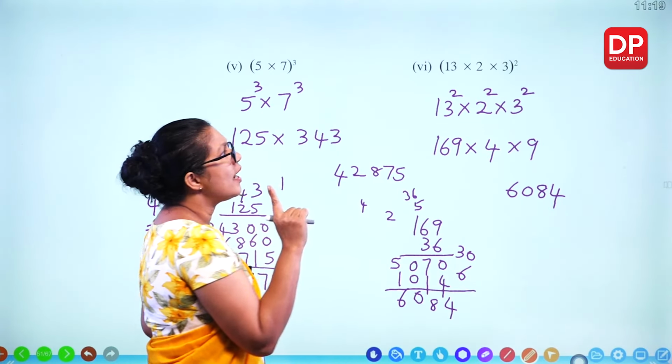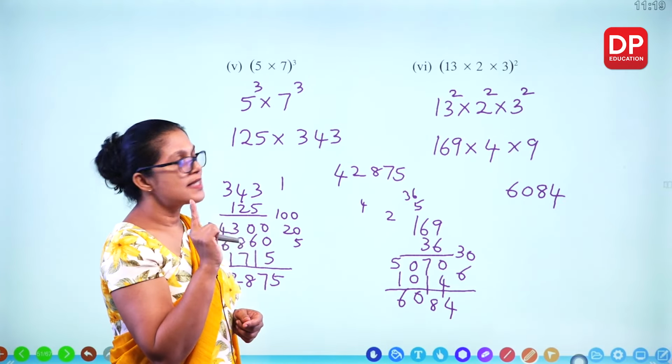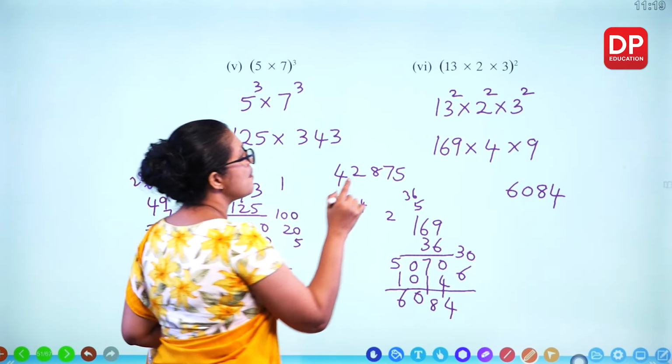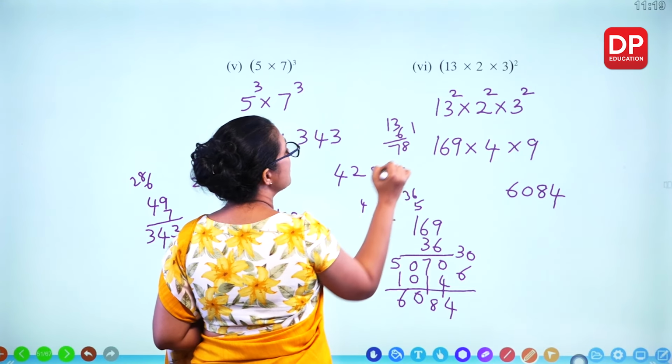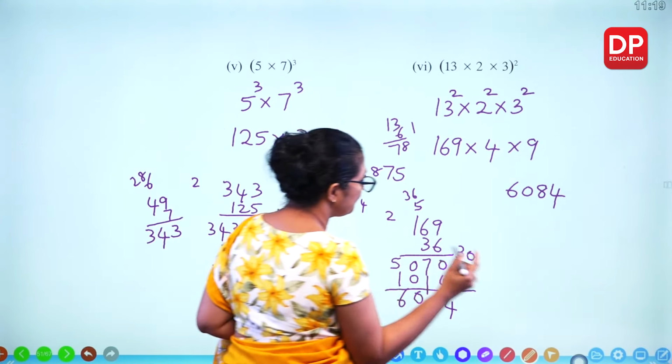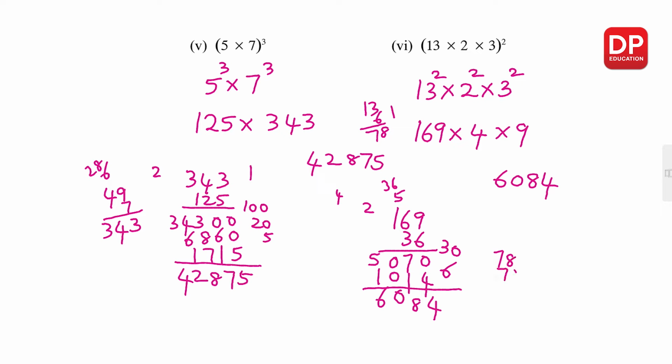You can do it the other way around as well. 3 times 2, 6. 13 times 6, 78. 78 squared. 78 times 78. How do you do that? 70 and 8. 7 times 7, 49.